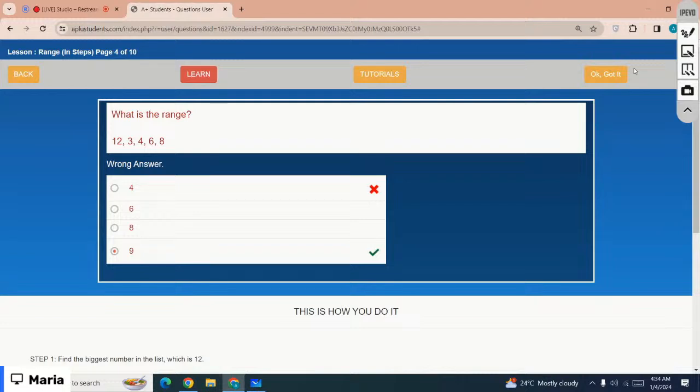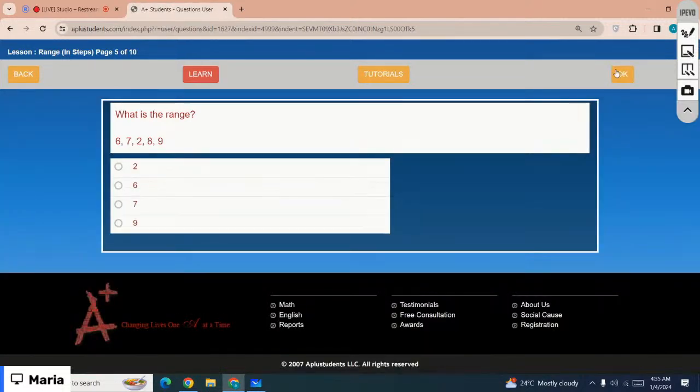9? Oh, sorry. 12 and 3. 12 minus 3. The correct option is 9. The greatest number is 12. The smallest is 3. What is the range?